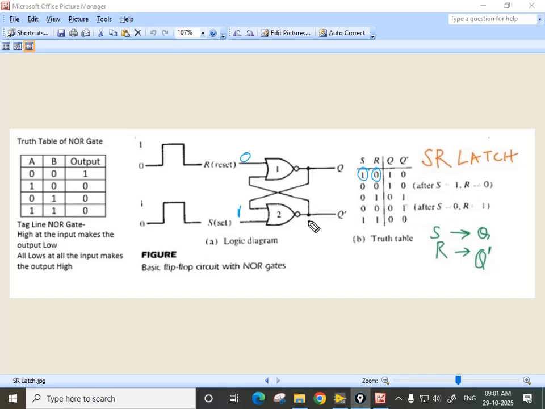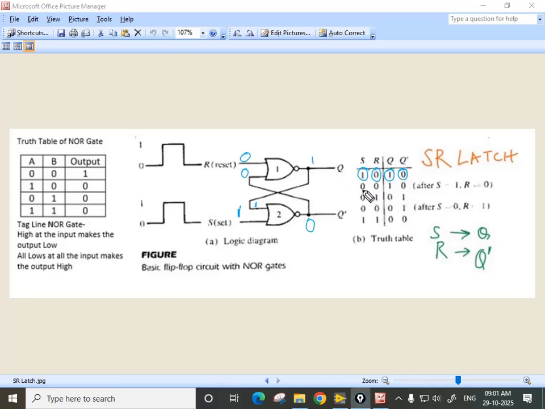So because of this, the output becomes low over here, 0 fed over here. The output becomes high because both the inputs are 0. So 1 over here, fed back over here as feedback. Both ones make the output low. So the output is Q equal to 1 and Q dash equal to 0.